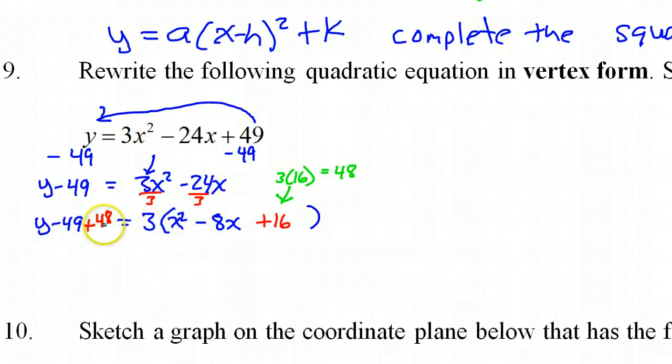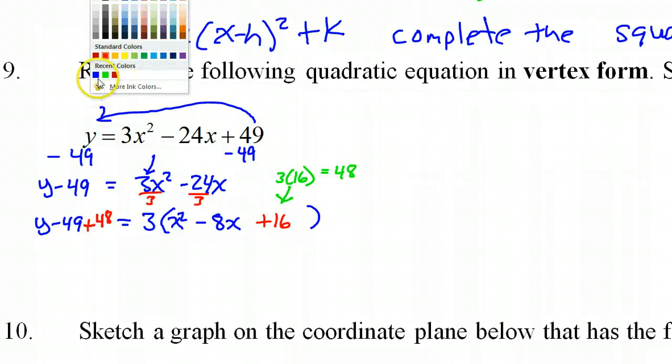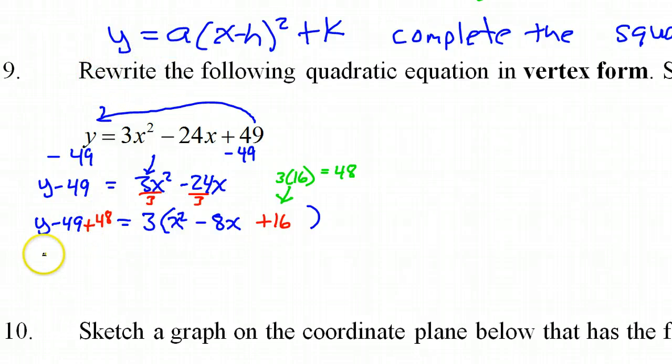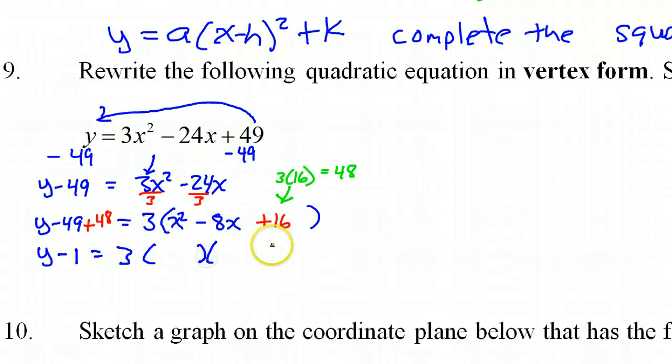So if I add these together, oh, I'm sorry, negative 49 plus 48, well, that's just negative 1. So what I have here is y minus 1 equals 3 times. Now, the point of completing the square was to make sure this would factor as the same thing twice. So this is going to factor as x minus 4, x minus 4.